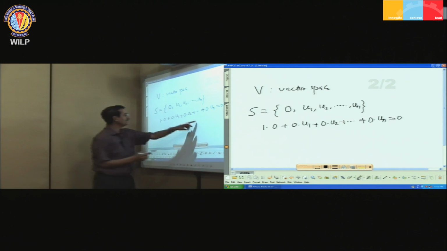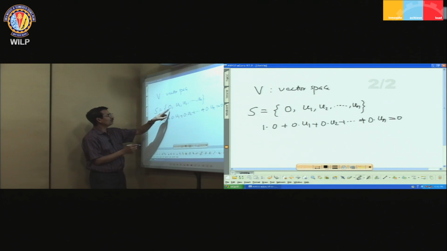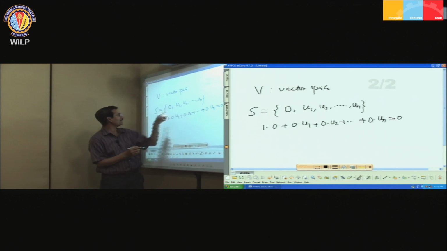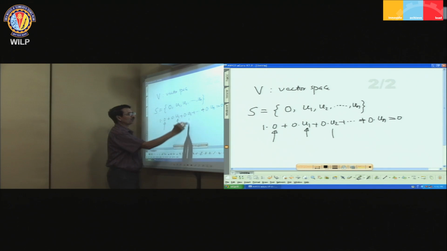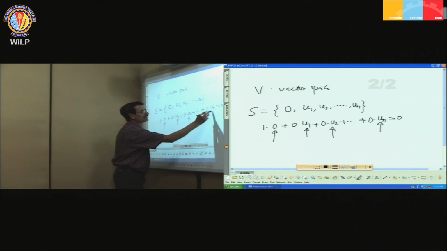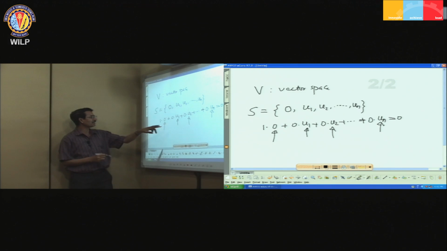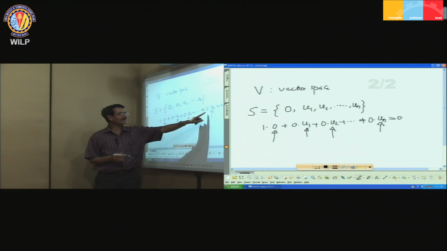Look at here, this is a linear combination. 0, U1, U2, UN, they are the elements of S. See that I have made a linear combination: in place of C1 it is 1, C2 is 0, C3 is 0, C4 is 0, and Cn plus 1 is also 0.